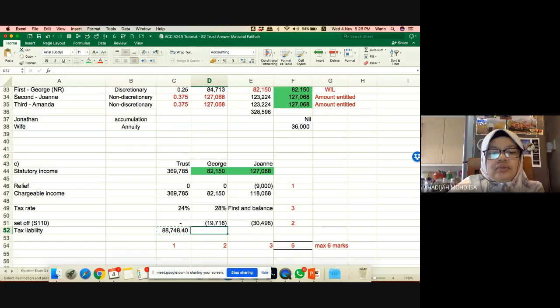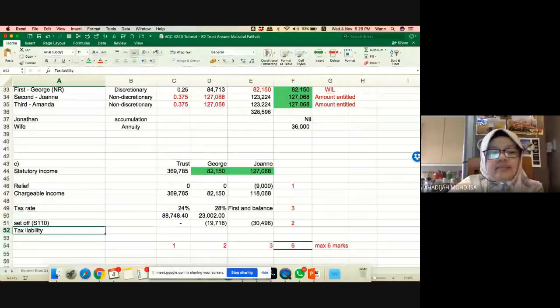It should be like this. It should be here first. This one is your tax liability. So here is the balance of tax.